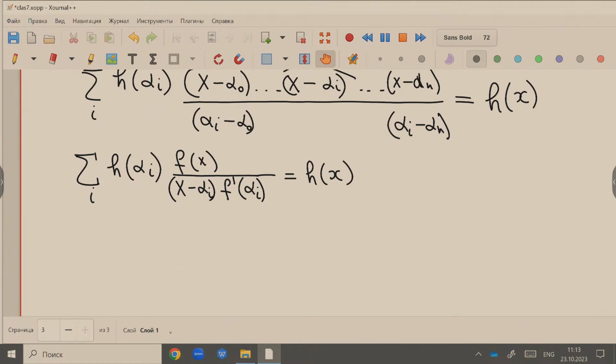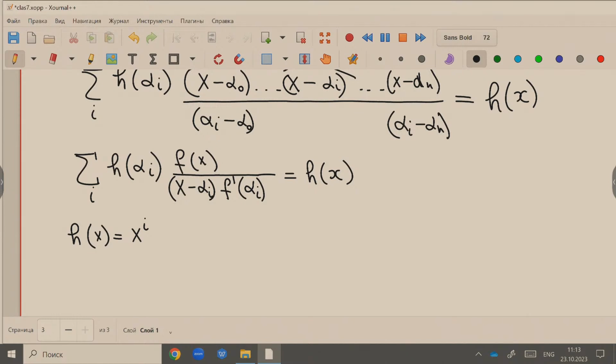Now we have to see the following. If h of x is a power, you have to just look at the summand. The sum is taken over all the roots alpha i.